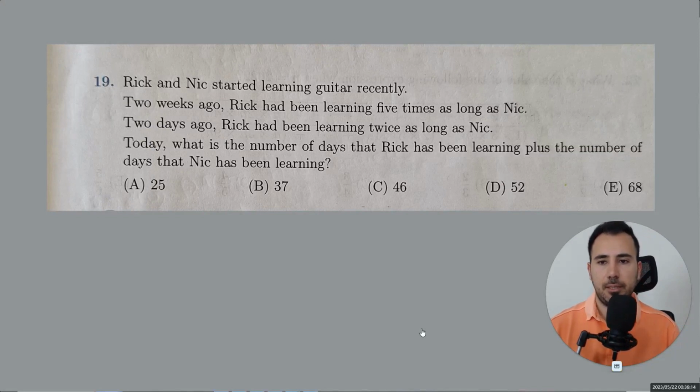Okay. The question is ambiguous, because here it says 5 times as long as Nick in terms of what? Like the number of sessions, hours? Here it says the number of days, so we have to assume that means the number of days was 5 times more.